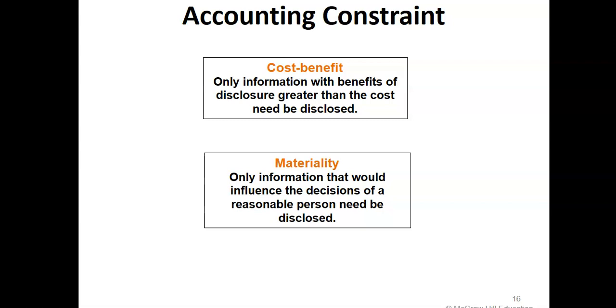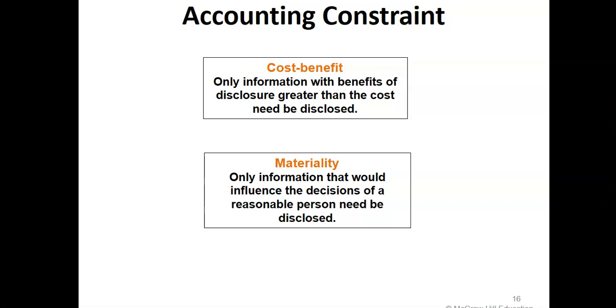So for example, if our accounting records are off by a penny, we would look at that cost benefit analysis. How important is it that we spend hours poring through the accounting records trying to find a penny? It's going to cost a significant amount of money versus the benefit of finding that penny.